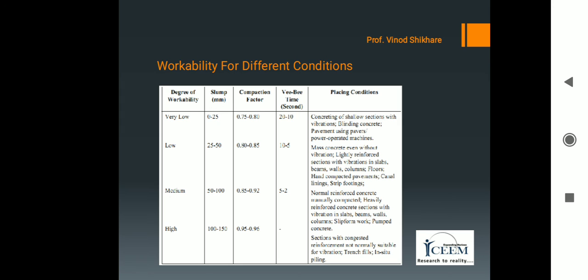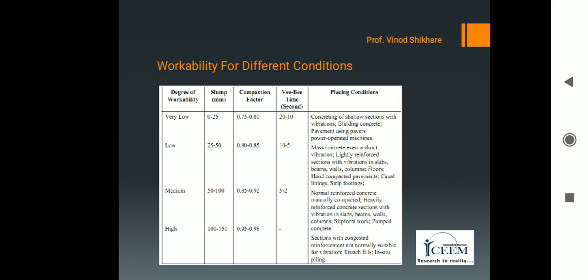For very low degree of workability, the slump value is 0 to 25 millimeter. For very low workable concrete, the compaction factor should be 0.75 to 0.8, and the VB time is 20 to 10 seconds, maximum 20, minimum 10.